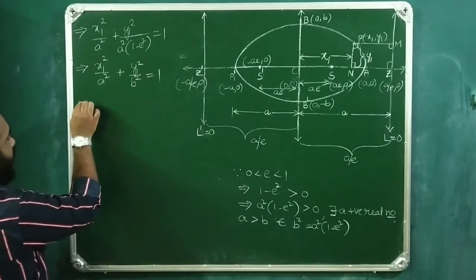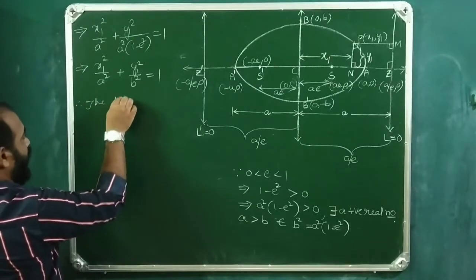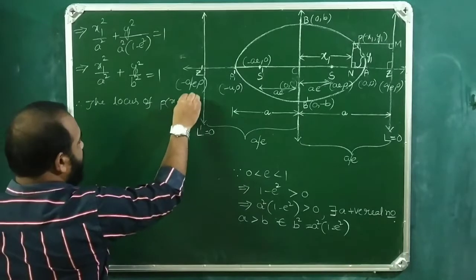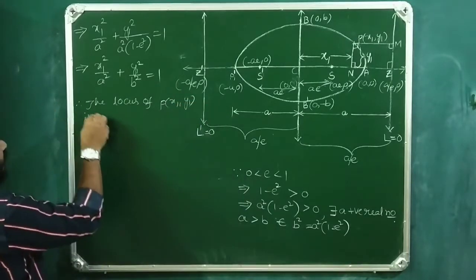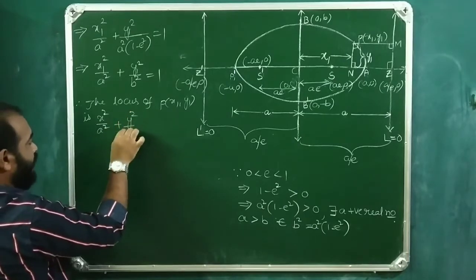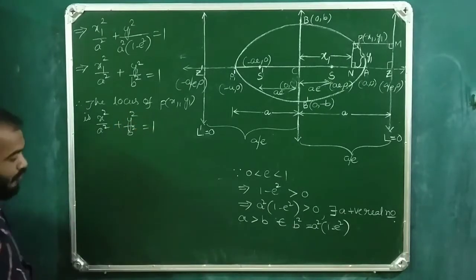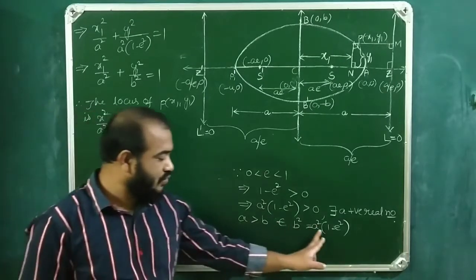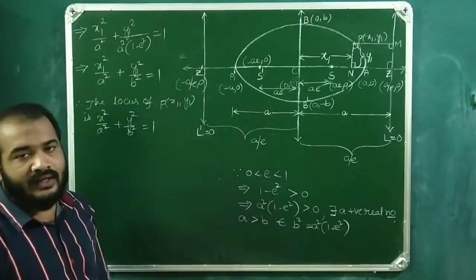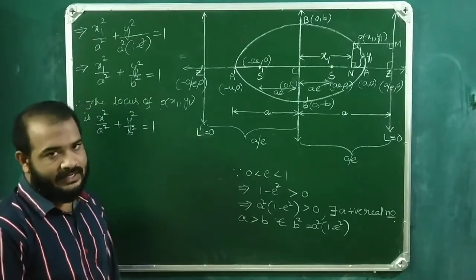Therefore, the locus of P(x1, y1) is x square by a square plus y square by b square equals 1, provided b square equals a square into 1 minus e square. This is the required equation of the ellipse.